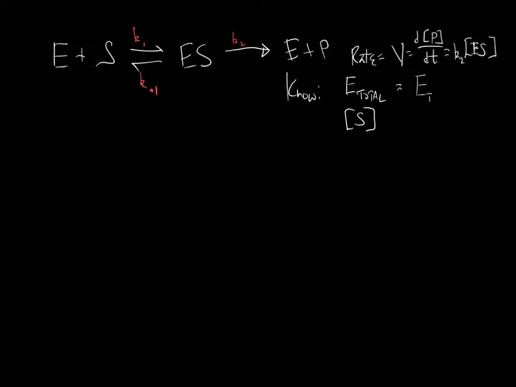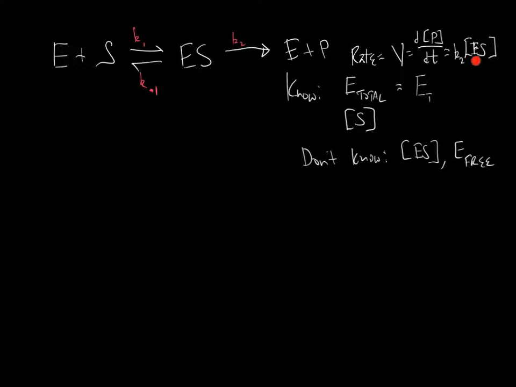What you don't know is the concentration of ES. And it's difficult to know the concentration of free enzyme. So what we want to do is put all of this equation to solve the Michaelis-Menten equation.